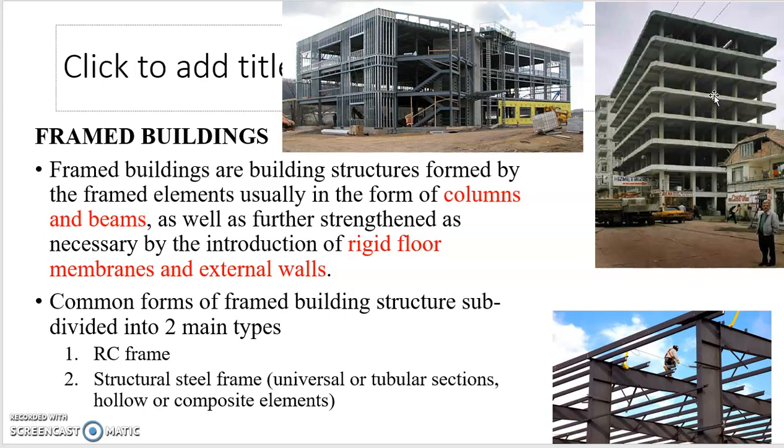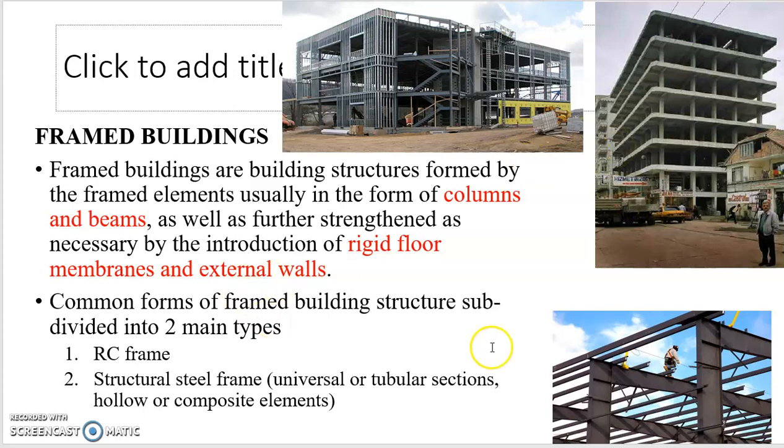Here we can see the beams and columns. These are the elements consisting of these frame structures. And the third picture shows the steel frame structures, which include the same columns and beams, but made up of steel. So sometimes in order to strengthen these frame structures, we will be including some rigid floor members and external walls to make it stronger.